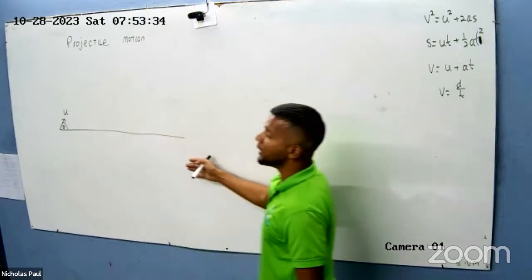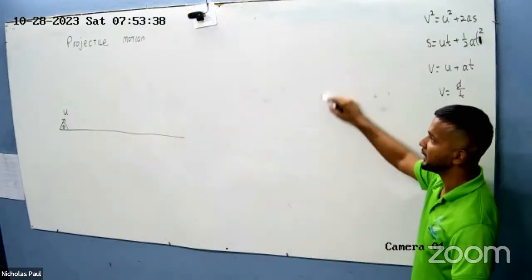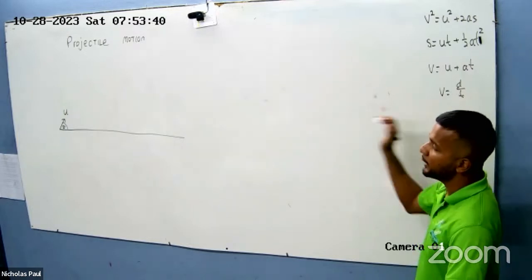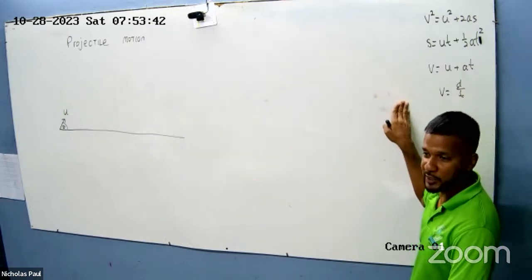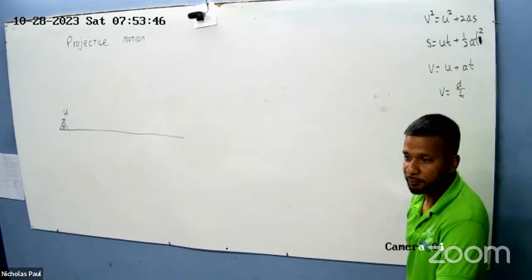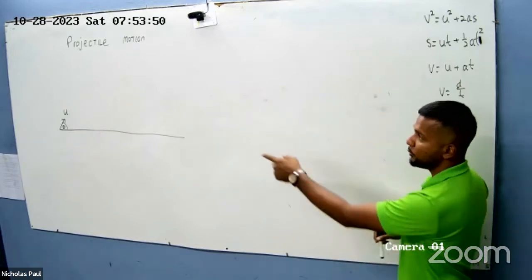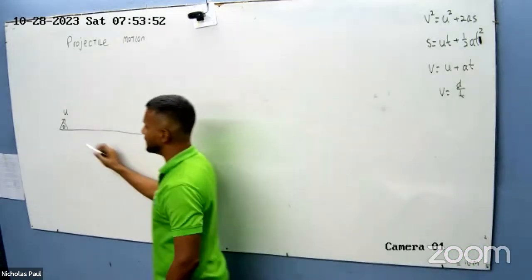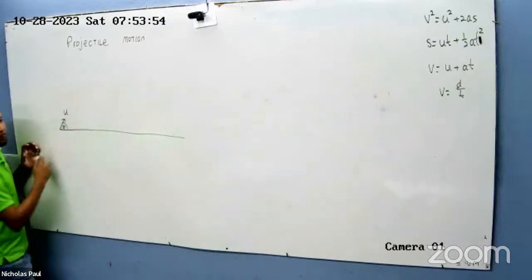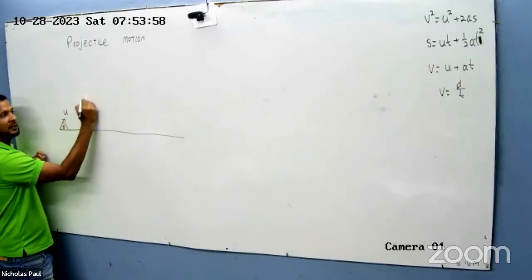So here's what we're gonna do. We're gonna change from moving vertically or moving horizontally to moving at a constant change in angle. If you had a particle with initial velocity u, and you shoot the particle at an angle to the horizontal, how will the particle move? The particle will move like that, right?